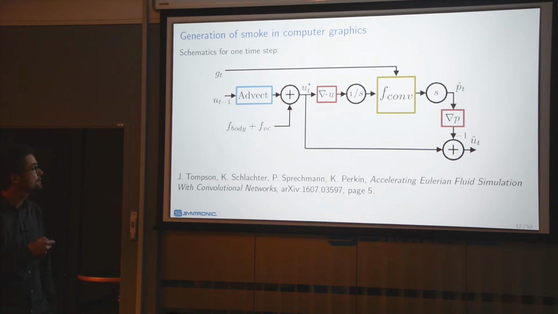So you take the last frame, advect it, add the forces, compute the numerical divergence, scale with some number, use the convolutional neural network with the geometry, and redo the scaling.